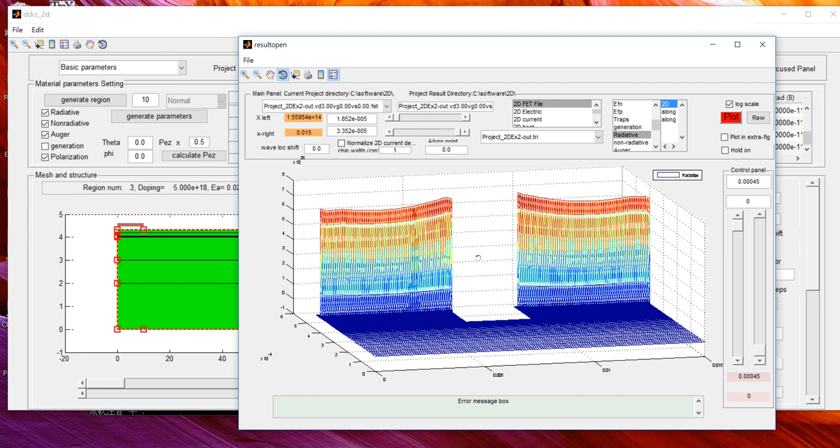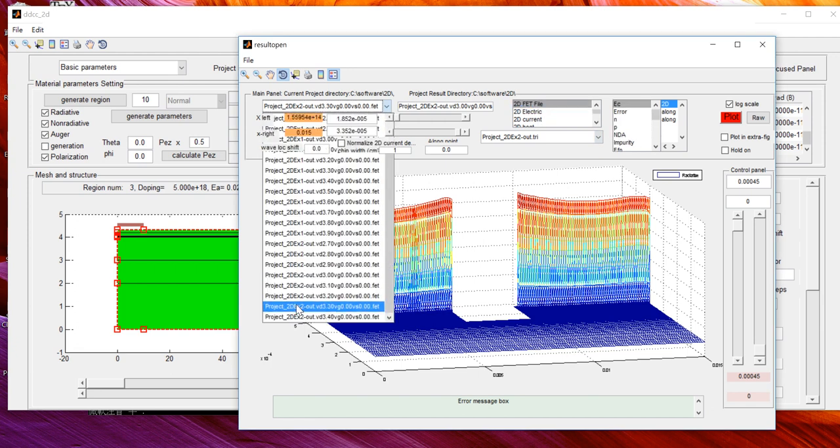If I plot here, you can find the crowding point changed to this point, because from ITO to N-gan, the shortest path goes through ITO, then to N-gan on the right. So the current crowding becomes here. And if you go to even larger bias, let's see how much we got now. Okay, 3.3.